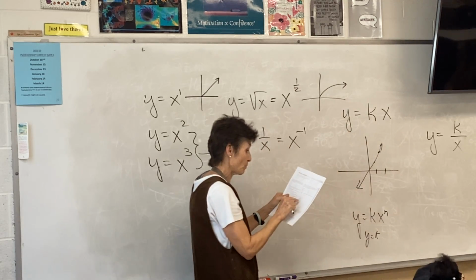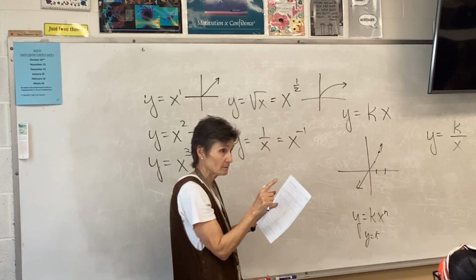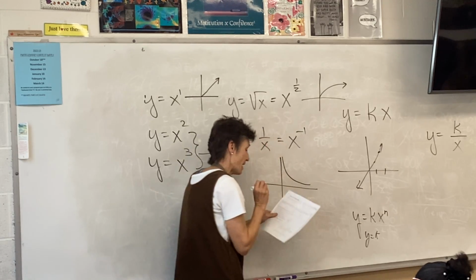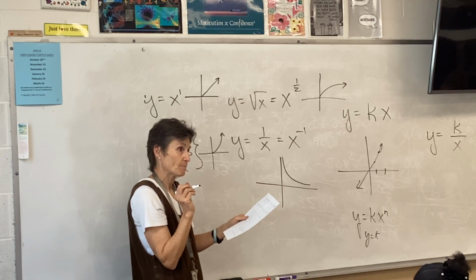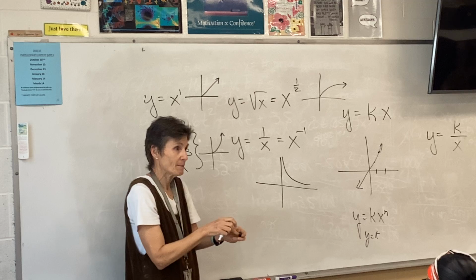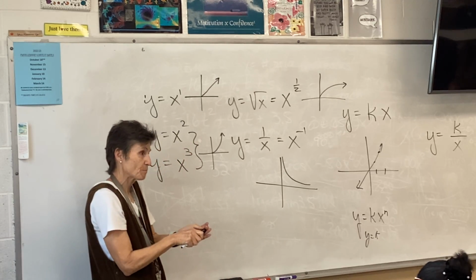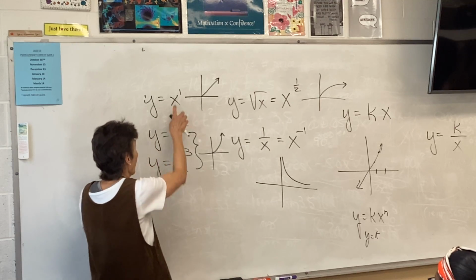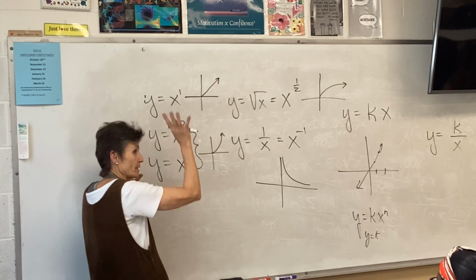So in terms of your pictures, that would be D. And then the reciprocal function looks like this, and that would be A. Are you with me? Now, I want you to listen. This is going to be big. It'll be important here. If your exponent is 1, then that's what you got, period.